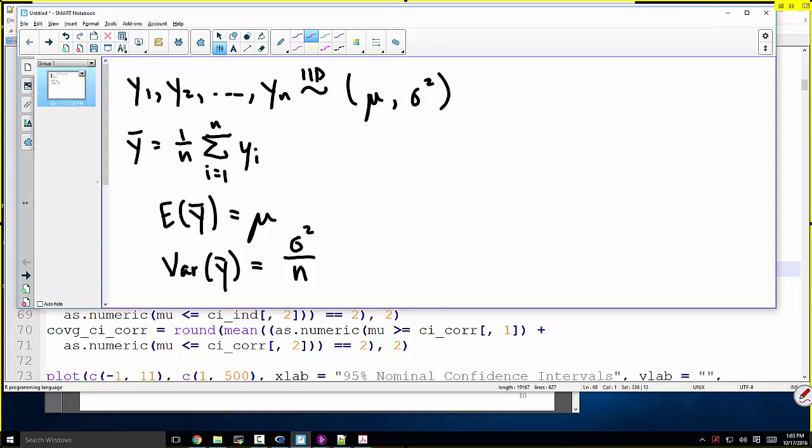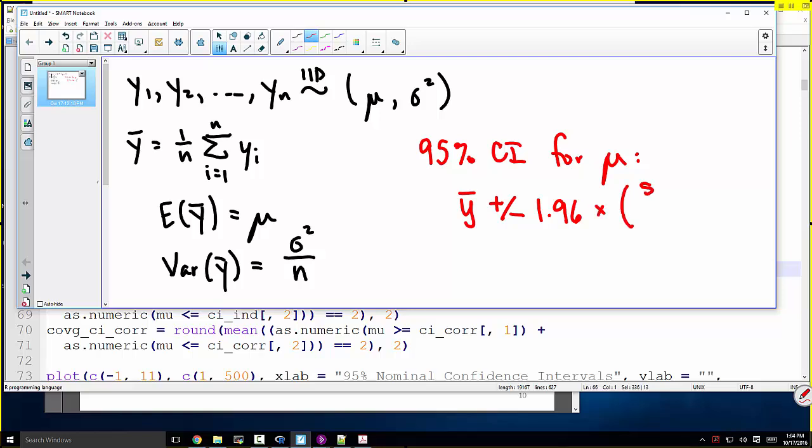A 95% confidence interval for a mean would be: estimate the mean and then go plus or minus some cutoff or critical value. In the normal case, the number we would use is approximately 2, or exactly 1.96, times the estimated standard deviation of y bar. So back in the script, I'm going to do that for all 500 simulations in the independence case and in the correlated data case.